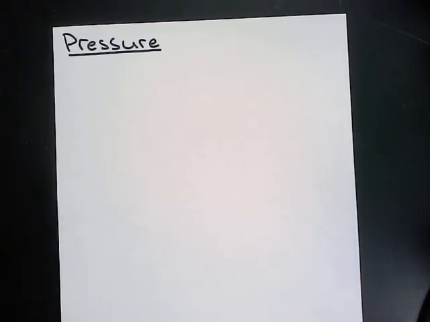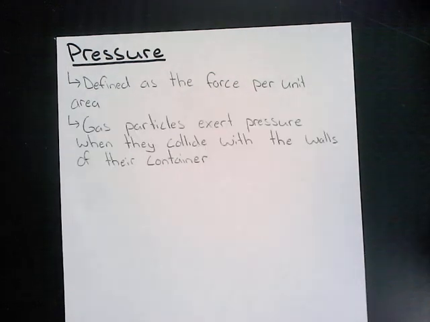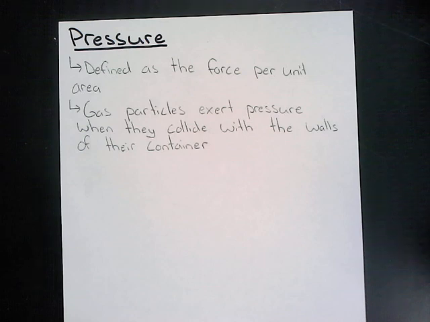So pressure is defined as the force per unit area. And we have to remember that gas particles exert pressure when they collide with the walls of their container. An individual gas particle has very, very little mass, thus it's going to exert little pressure.